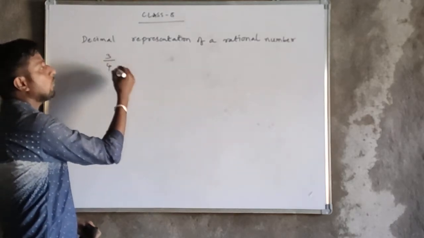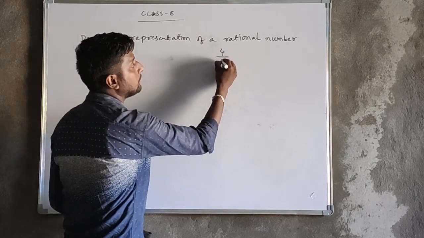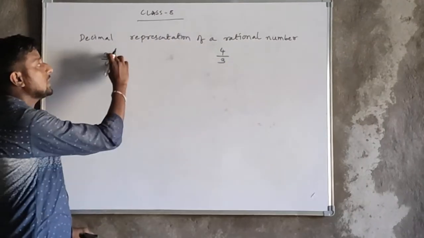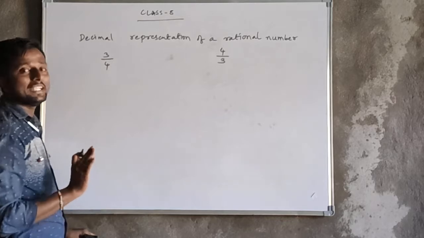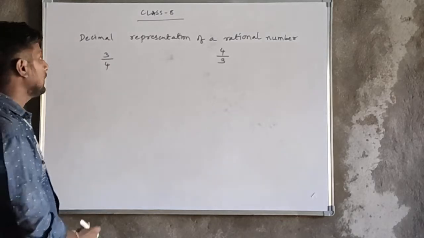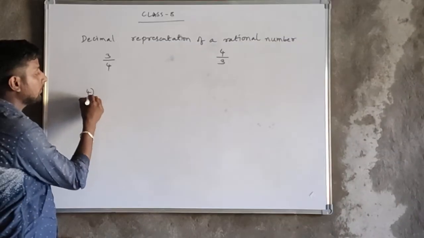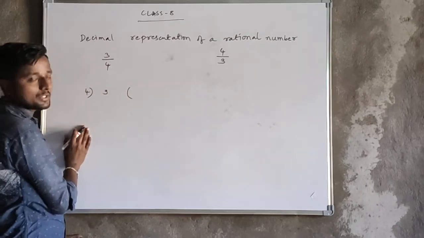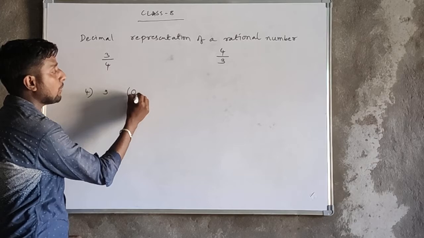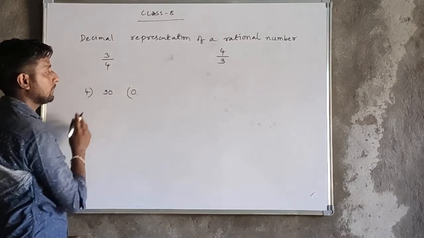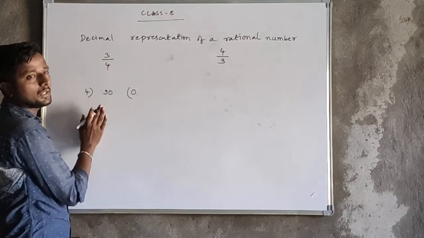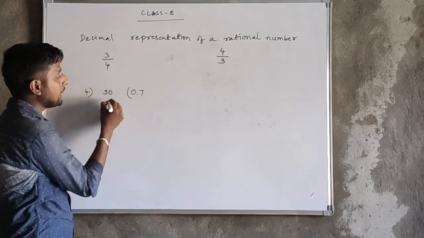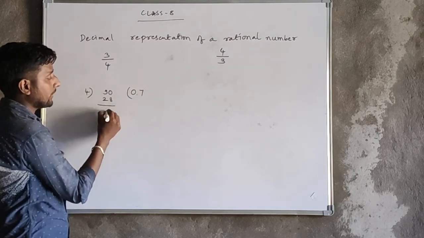I'll take 3 by 4 and 4 by 3. Look at this fraction, numerator, denominator. Now I'll take 4 and 3. 3 is smaller than 4, so it can't be divisible, so I'll take a 0 point. Now it's 30. 4 sevens are 28, 2 left.